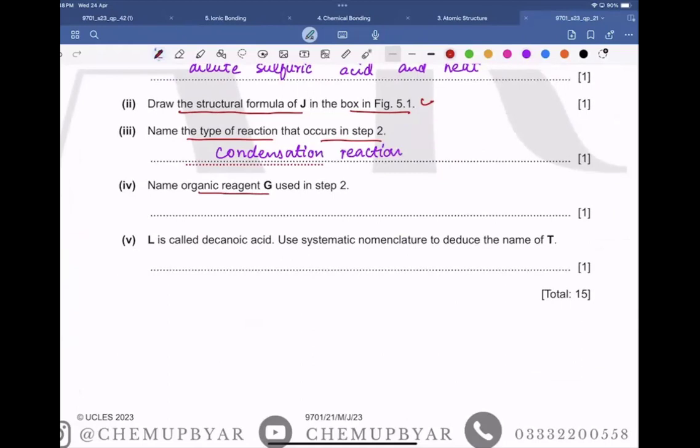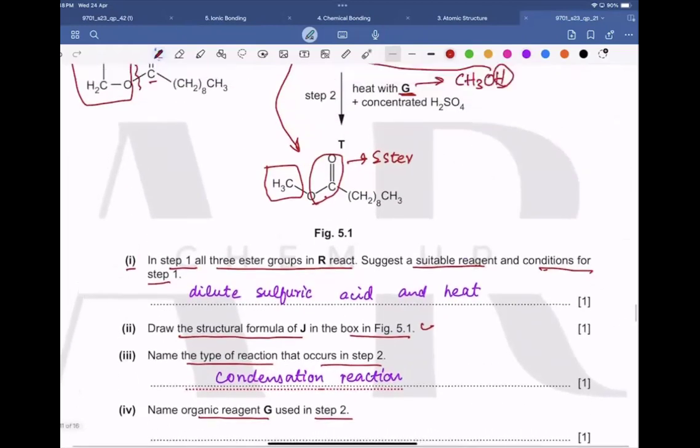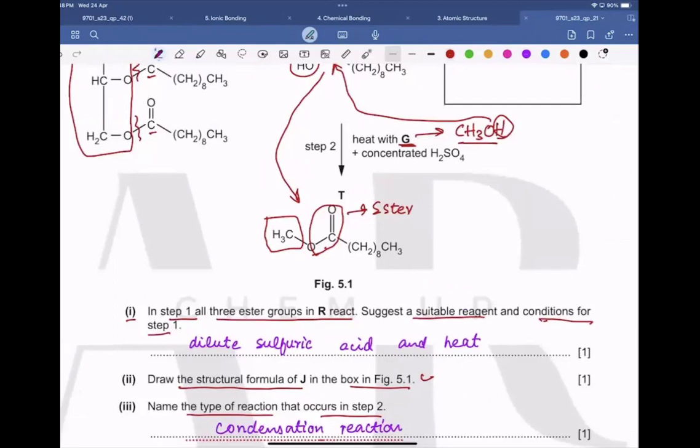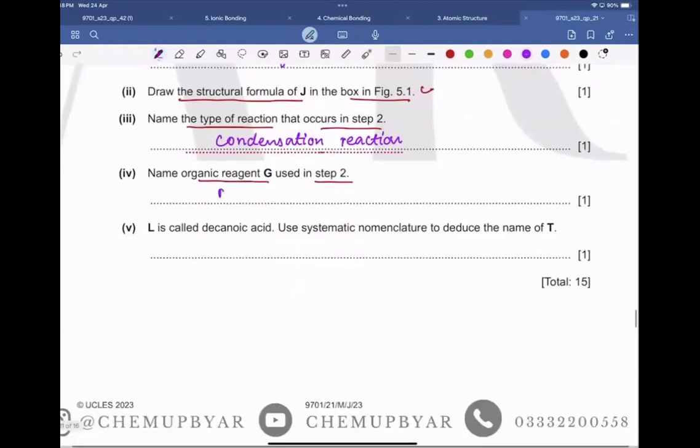Name the organic compound G used in step 2. So we have already identified that G is CH3OH. So the name would be methanol because it has one carbon and is an alcohol. It's a primary alcohol. It has one carbon only.